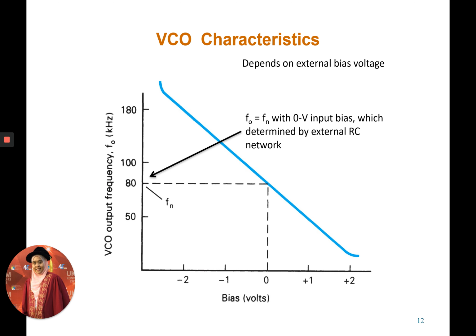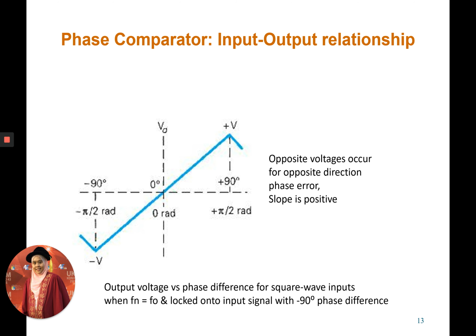Right, so this is the characteristic of the VCO. Basically the Fo, the output of the VCO, is equal to the natural frequency of the VCO that is determined by an external RC network. And for the phase comparator, the input-output relation will be opposite.